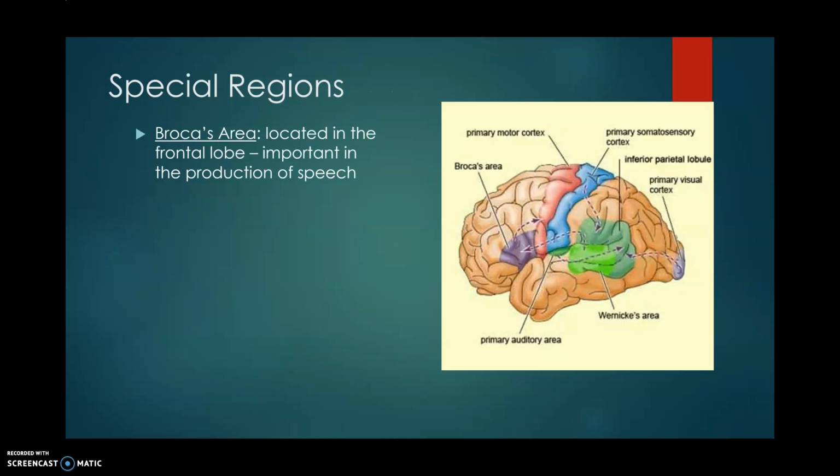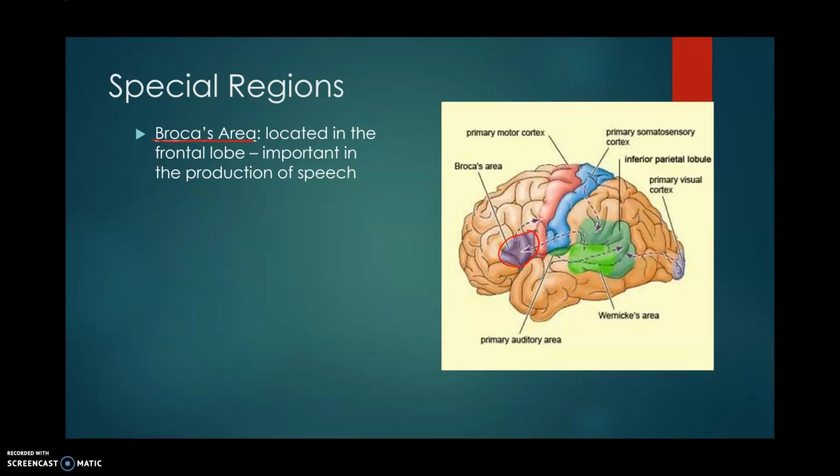So we also have a few special regions of our brain, which you might have heard of before. So let's take a look at these regions. We can see Broca's area. So this is located in our frontal lobe right here in purple. And this is really important for the production of speech, so someone being able to get words out.